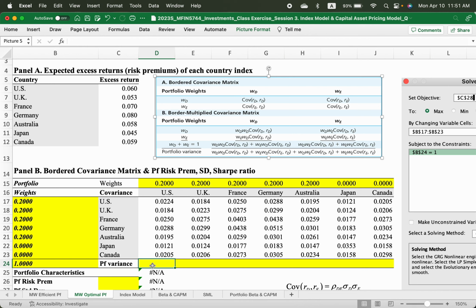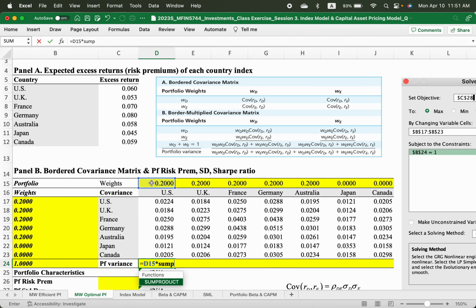First, we need to get this weight, again equal this weight times the sum product of this weight, comma, and what do we need?